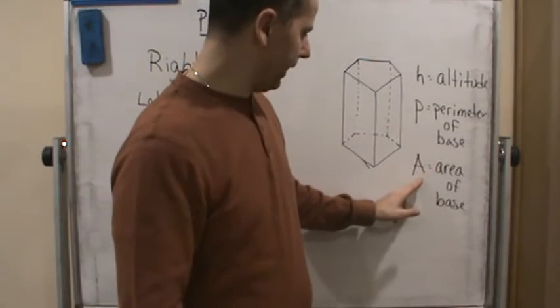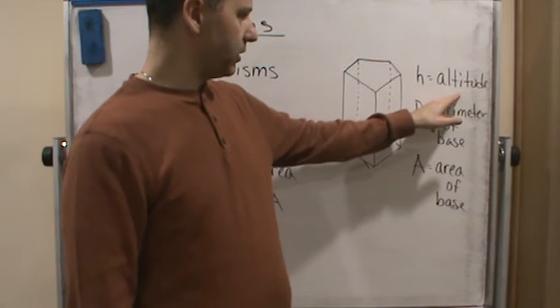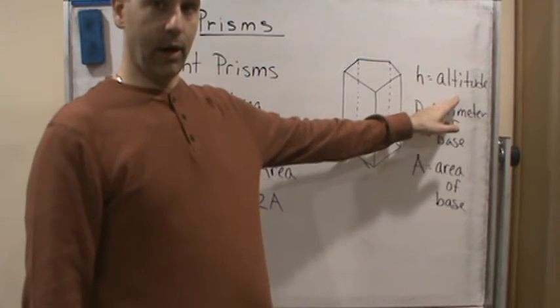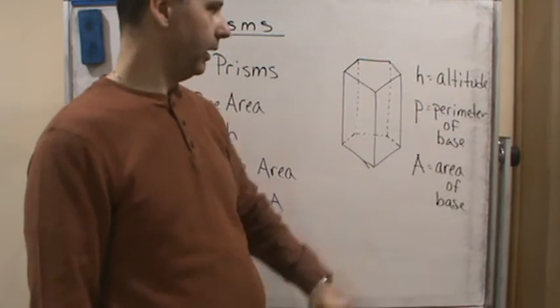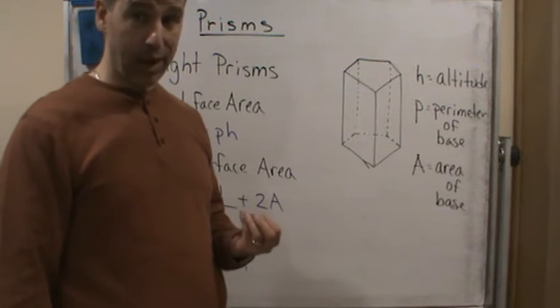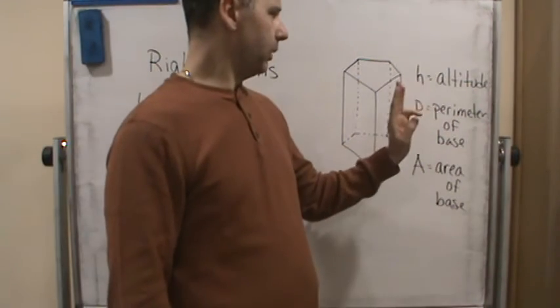So A is the area of the base, okay? H is the altitude or the height of a right prism. In this case, the altitude and the height are the same thing, okay? Now, if it's not a right prism, well, let me rephrase that.